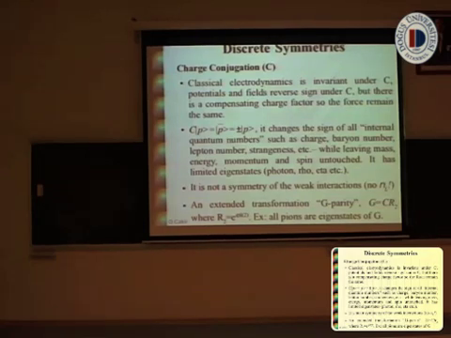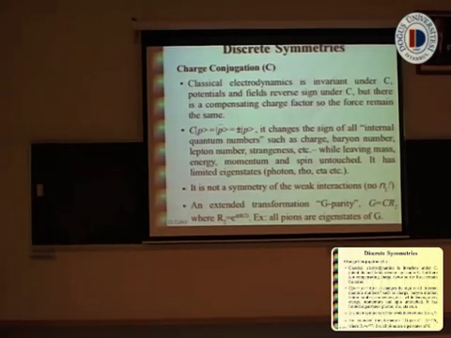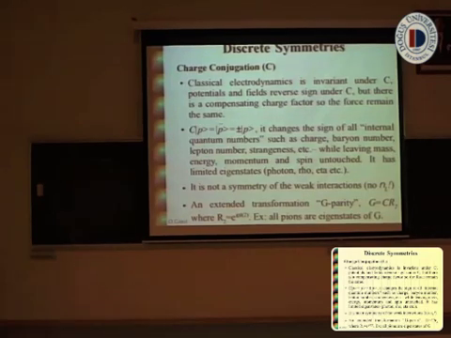It means that this symmetry operates on some internal quantum numbers, such as charge, baryon number, lepton number, strangeness, etc. But it leaves unchanged some other properties like mass, energy, momentum, and spin. They will not change.